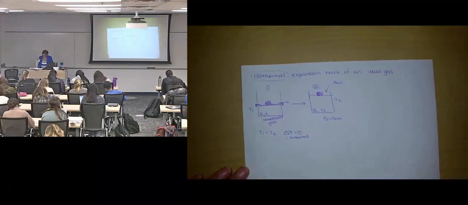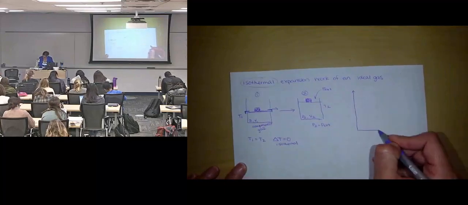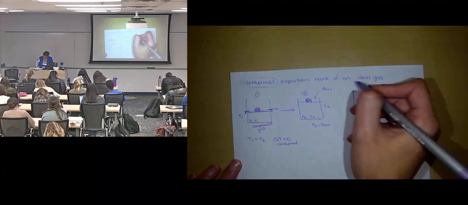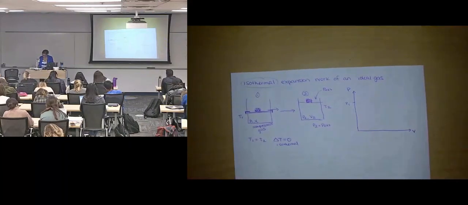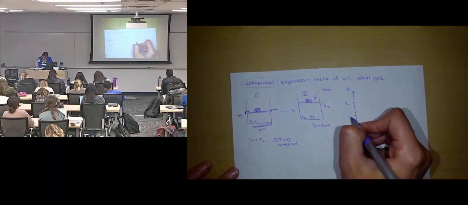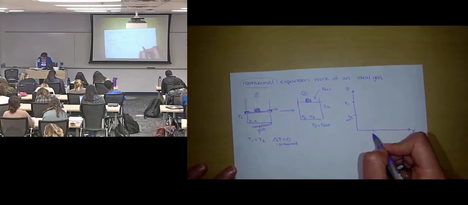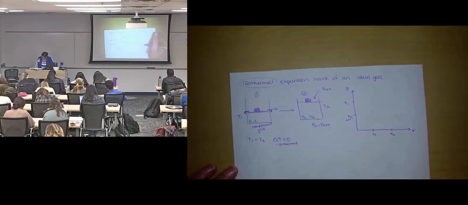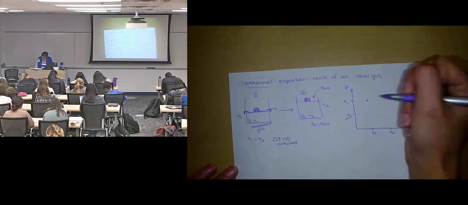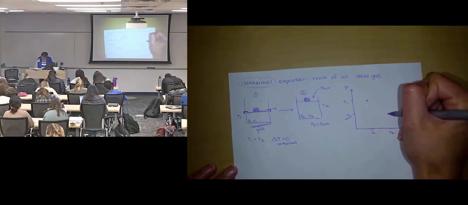So let's plot a PV diagram for this situation. Volume on my x-axis, pressure on my y-axis. I have some initial pressure, one that I know is higher because my question told me my gas was compressed. I have P2 or P exterior, these are the same, at some lower pressure. I have some initial volume. I know I'm expanding, so I have some final volume. And so I'm going from essentially this position here to this position here.